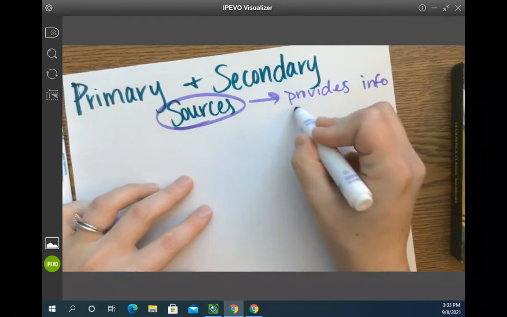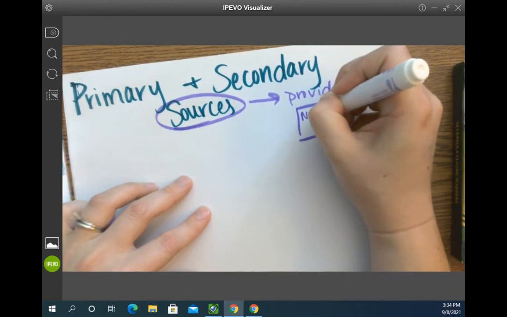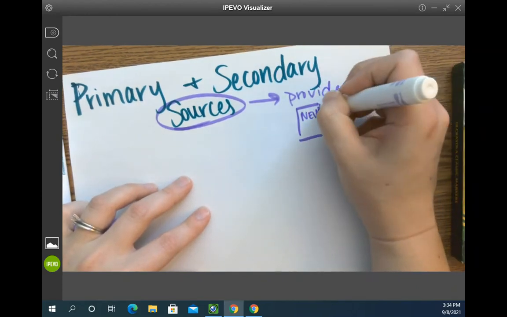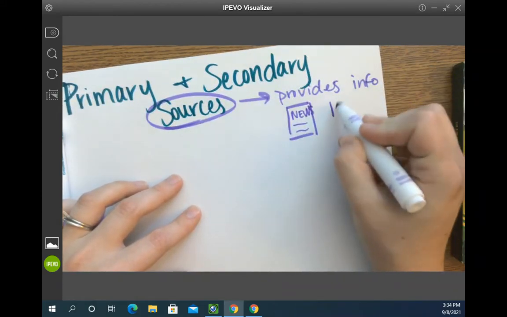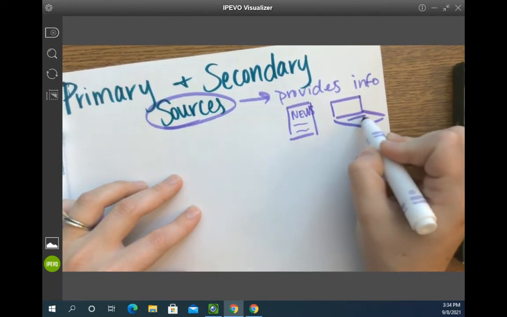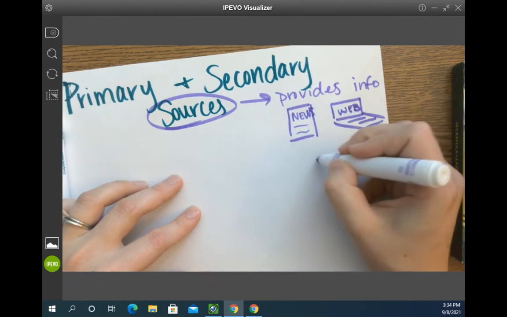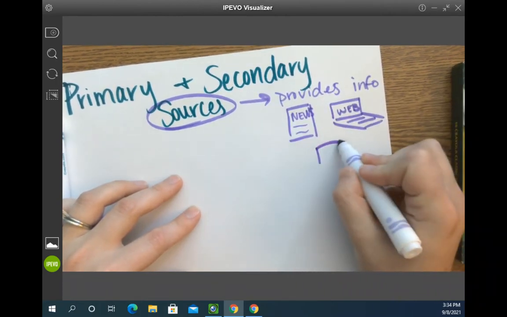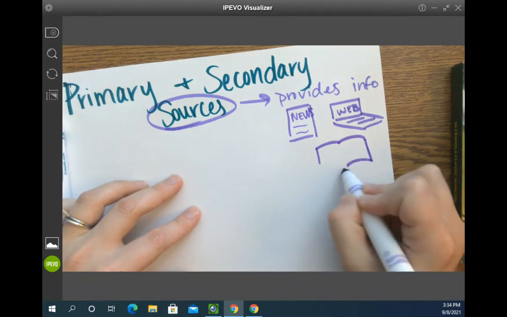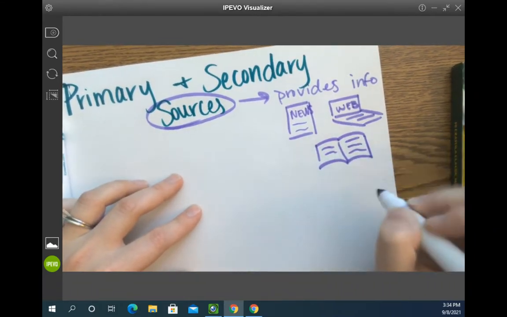This could be a newspaper. The internet provides information. Pictures provide information. Textbooks provide information. There are lots of things that provide information, and all of these are sources.